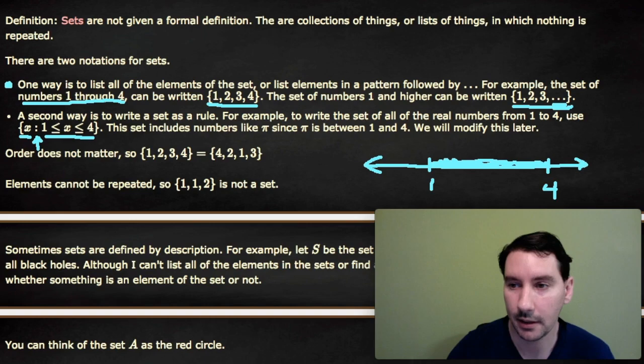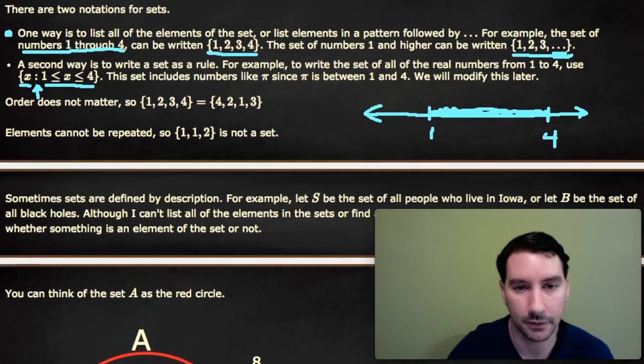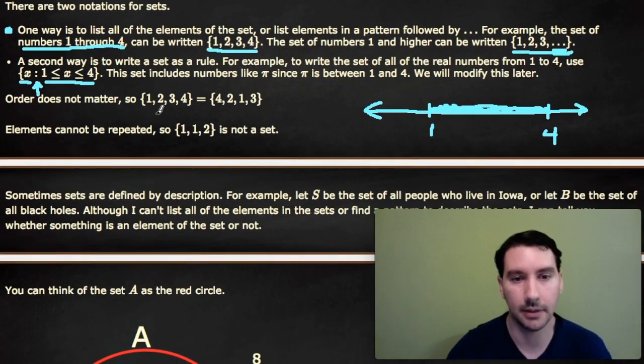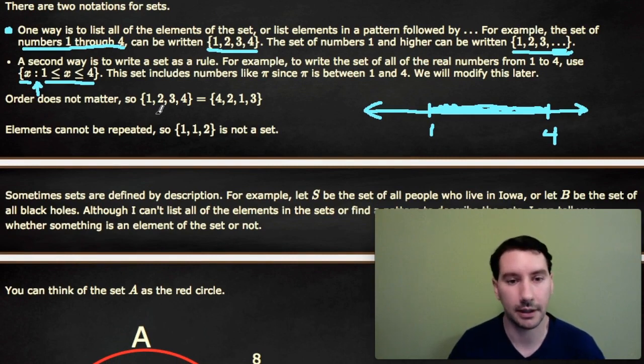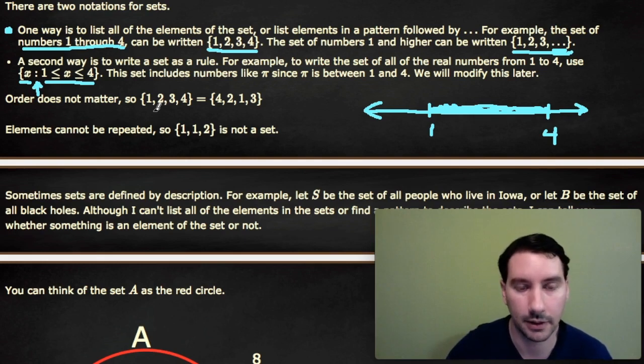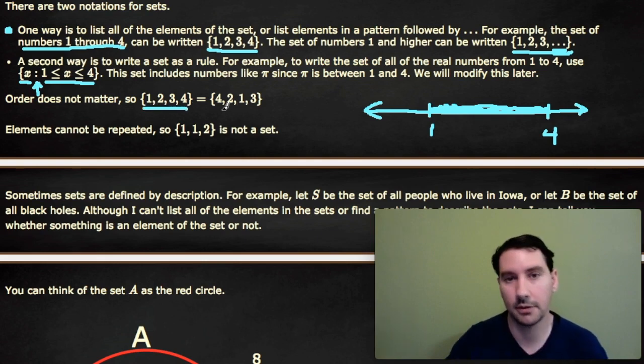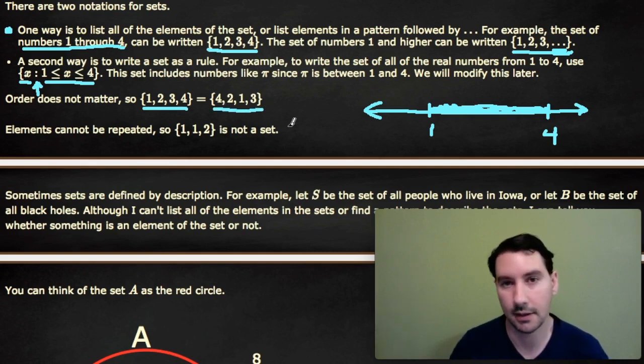Just like if you were making a list of people you're inviting to your party, order doesn't matter. So if I wanted to, I could write down the list of people I'm inviting alphabetically, or I could just write them as they pop in my head. So if I wanted to write down the list of numbers 1 through 4, one way to do that was 1, 2, 3, 4. But if for whatever reason they popped into my head as 4, 2, 1, 3, that's totally fine. It's the same list.